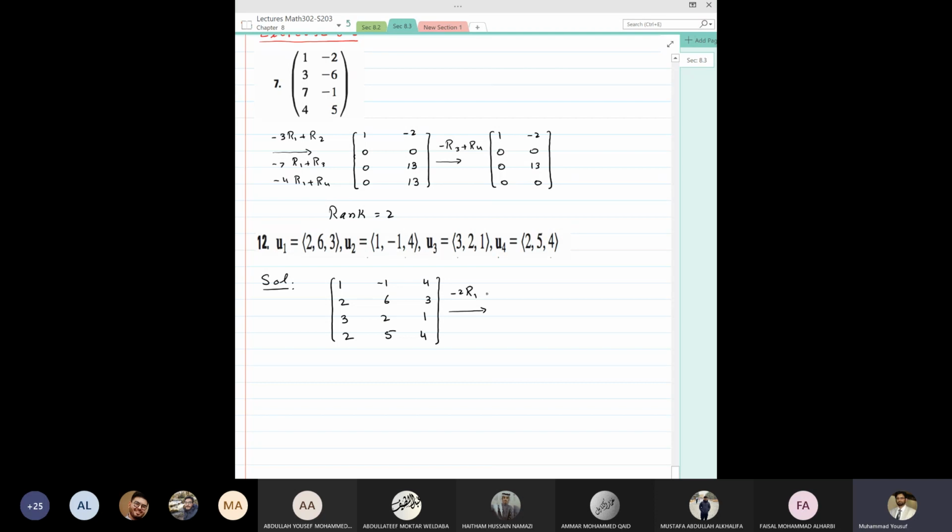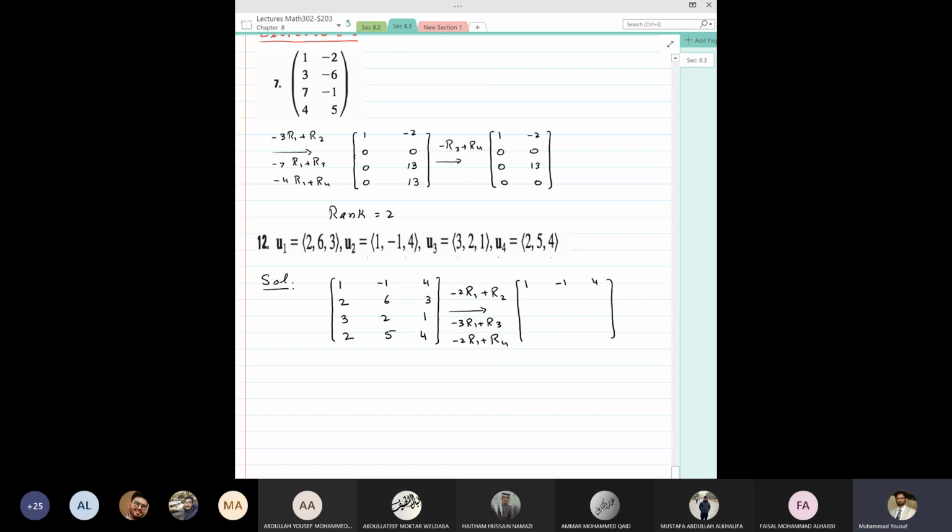-2 times row 1, added to row 2. -3 times row 1, added to row 3. -2 times row 1, added to row 4. One, -1, and 4.